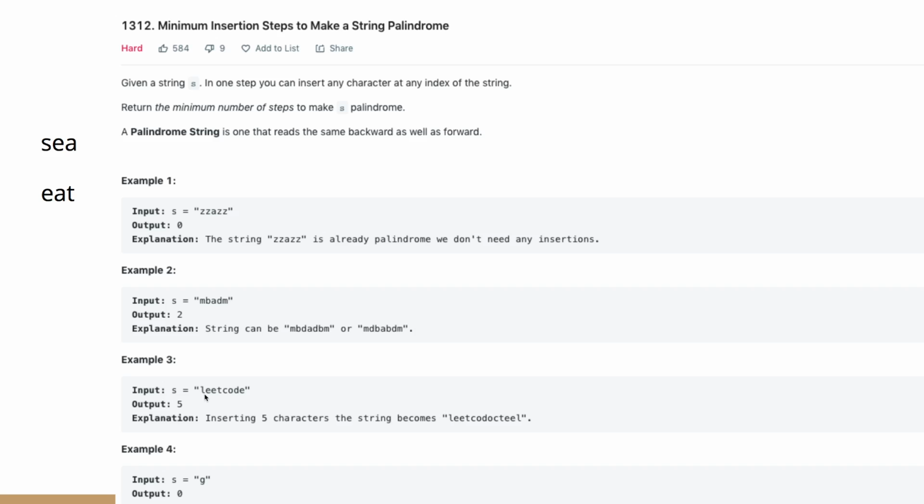But wait a minute. Isn't ignoring L like deletion? Yes, but we can also think of it like this. When we're shrinking, when we increment i to i plus 1 and compare E to E, we can treat it as one operation: we can add an L right here. Removing L costs 1. Adding L on the right hand side also costs 1. They are identical.